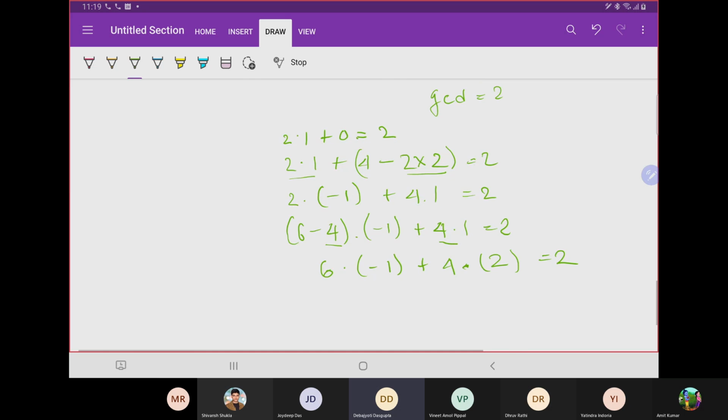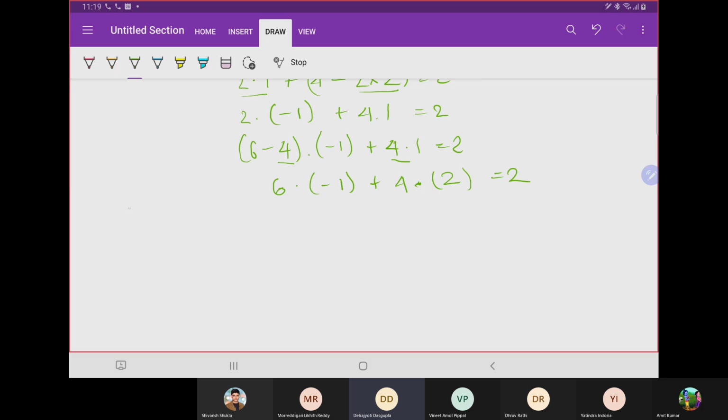Now see that I had the GCD of 6 comma 4 as 2, and I am representing it by the same terms 6 and 4: 6 into minus 1 plus 4 into 2 equals 2, which is the GCD.